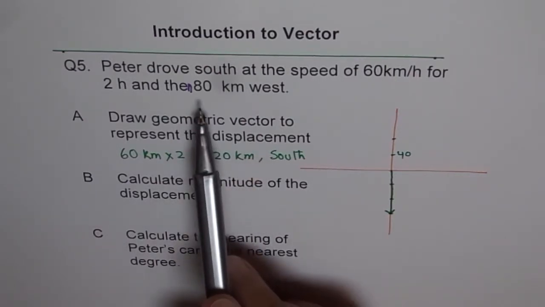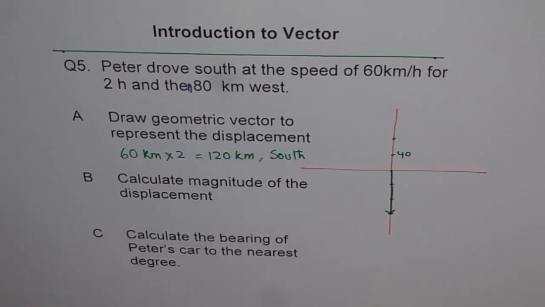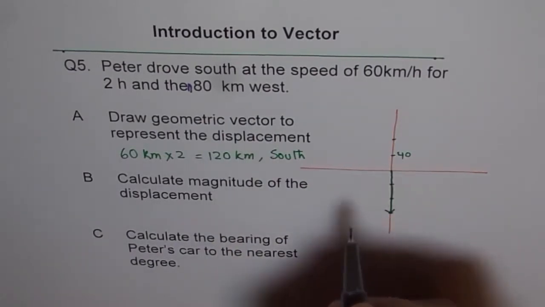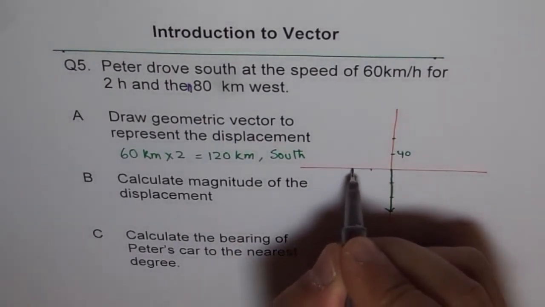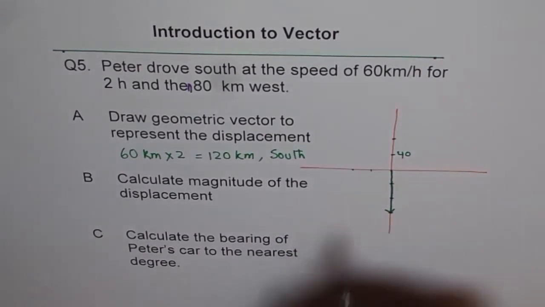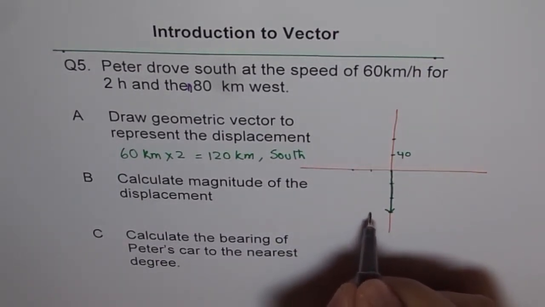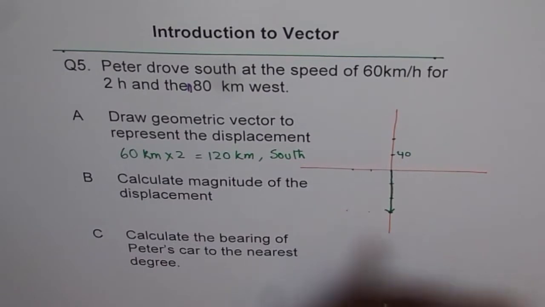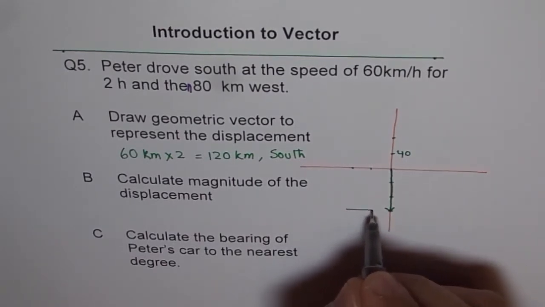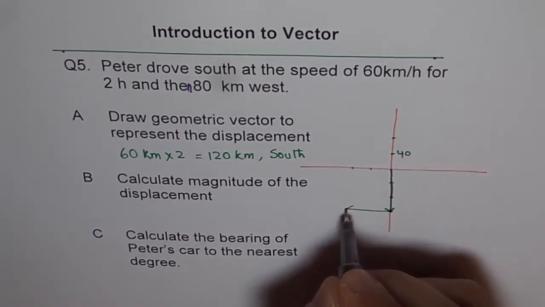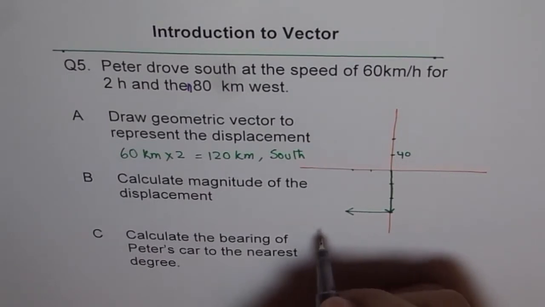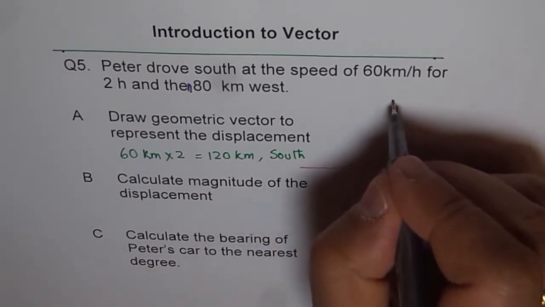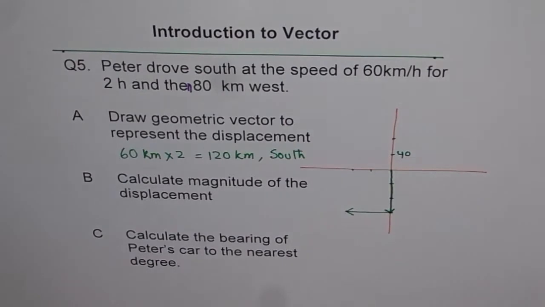And then 80 kilometers west. So west means this direction, right? So let's go 40 and 40, correct? So that becomes 80 kilometers. So here it is. So 40 and 40. Scale is important. So let's go like this. Going west. So that is 80 kilometers going west. So we have north here. Let me write in a different ink.